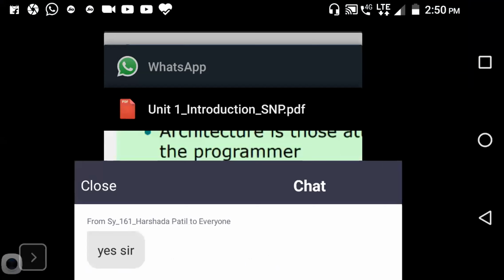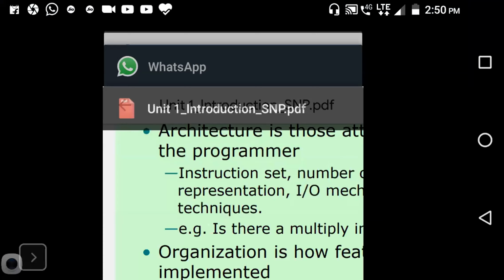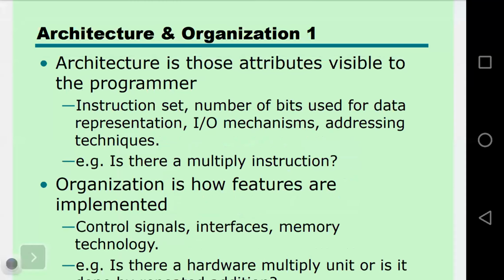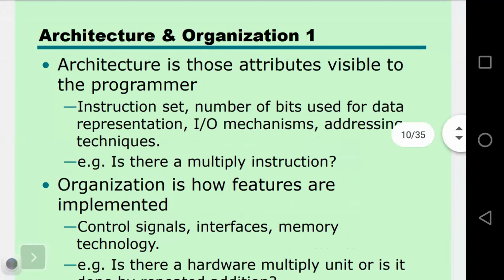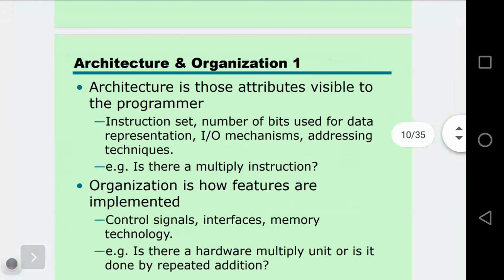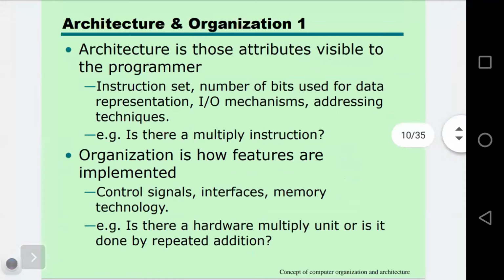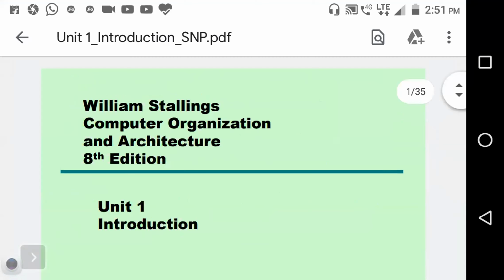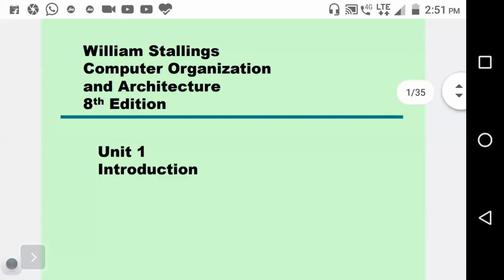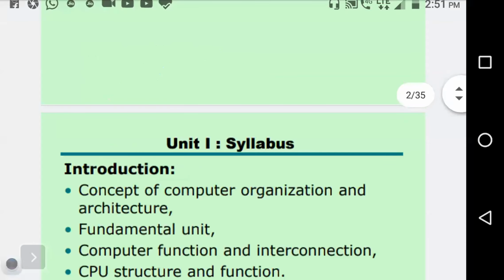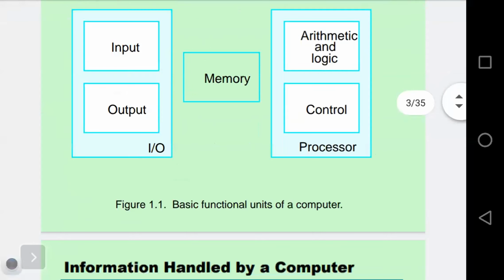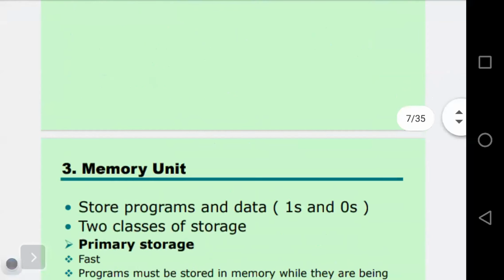Okay, so we'll start our second topic, that is architecture and organization. The subject name is computer architecture and organization.